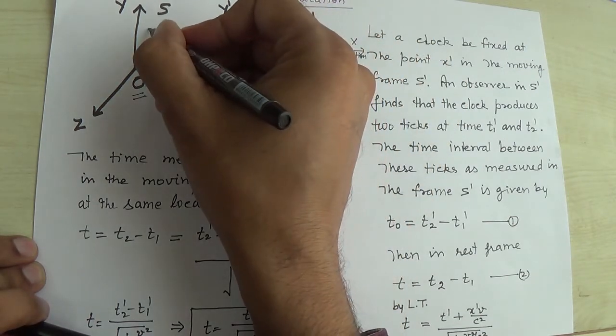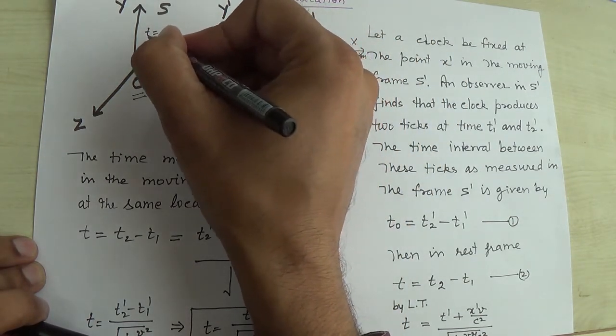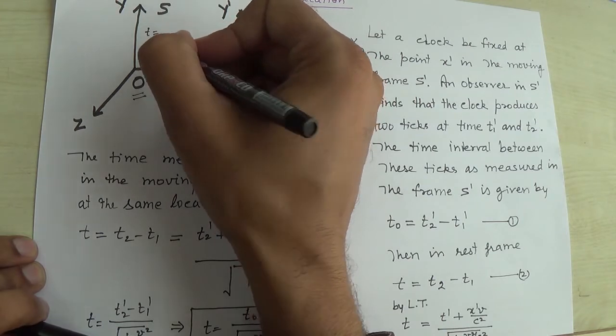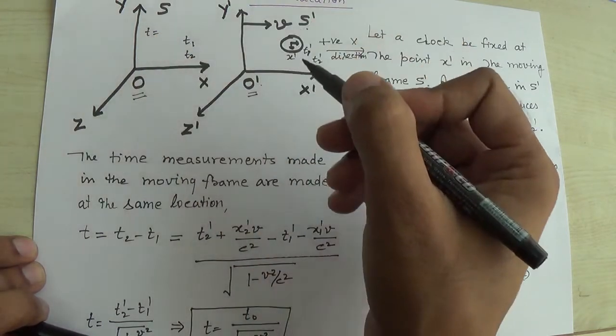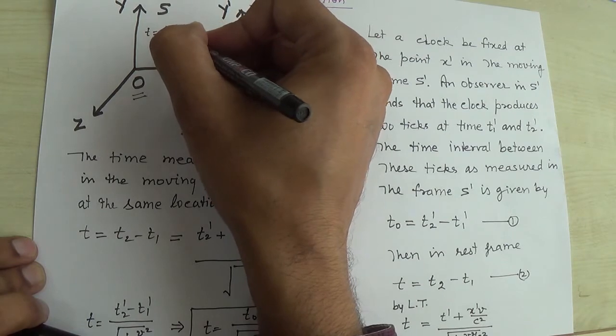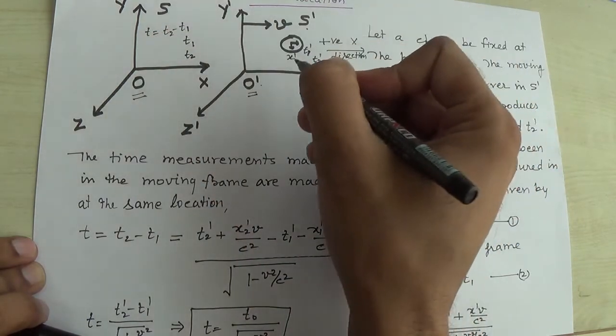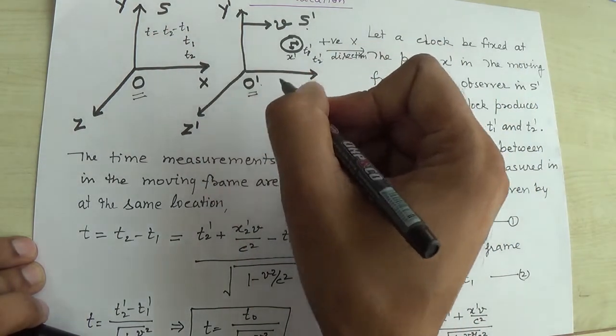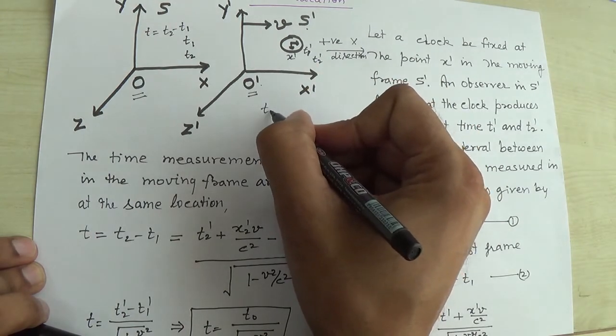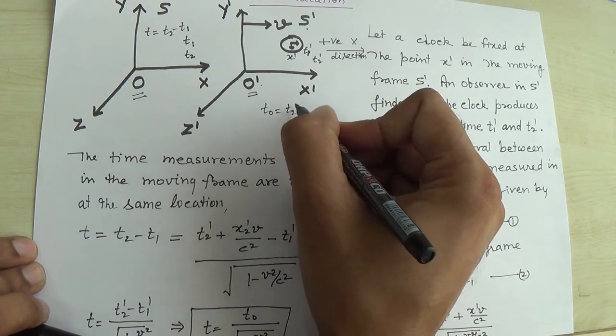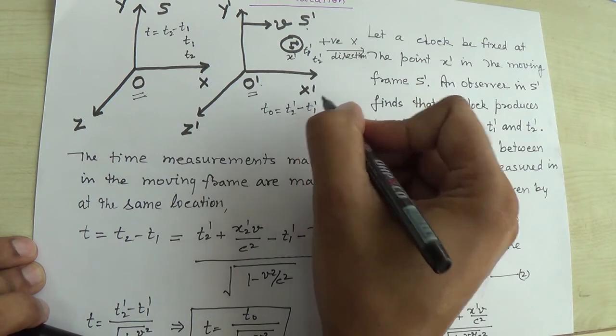So here you can see that T is the time interval measured by the observer O. So T is equal to T2 minus T1, and for the O prime observer T naught is equal to T2 prime minus T1 prime.